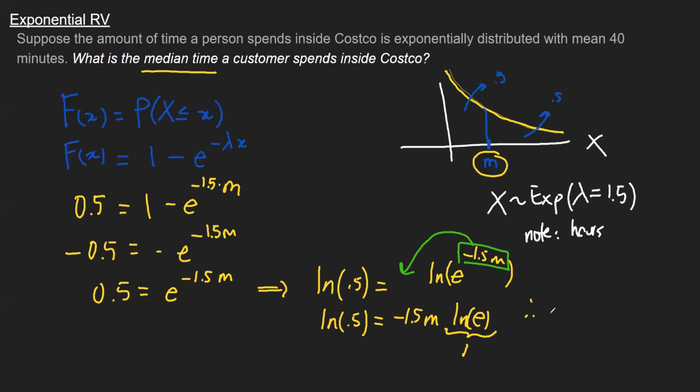So finally, plugging everything in my calculator, dividing both sides by negative 1.5, I get the median is 0.462 hours. And so again, the note is we're dealing with hours. If you want to deal with minutes, it was fine. You just would have to change the lambda in the beginning to minutes. And that's it.